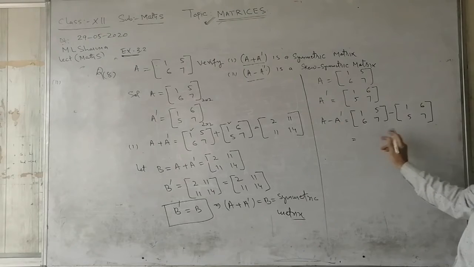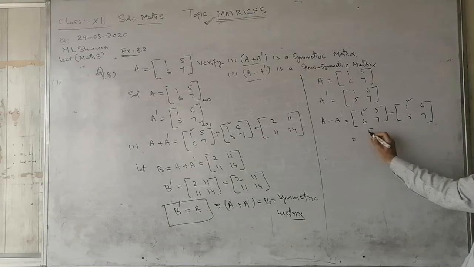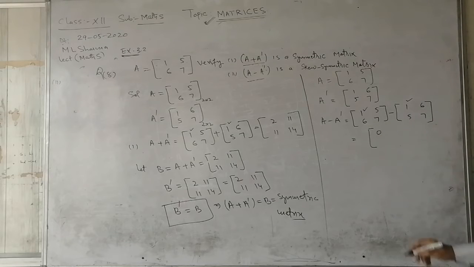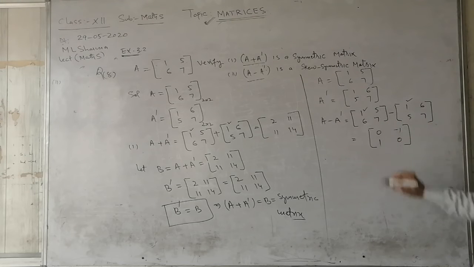So if I subtract these two matrices by taking corresponding elements, I will have 0 here, 5 minus 6 is minus 1 here, 6 minus 5 is 1 here, and 7 minus 7 is 0 here.